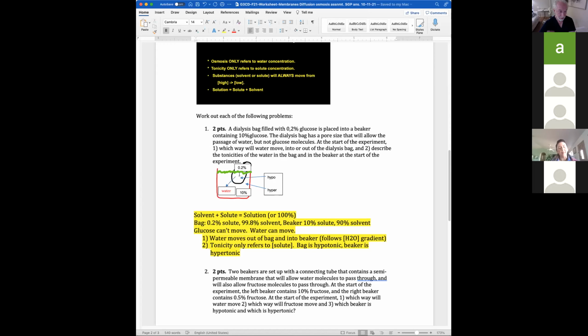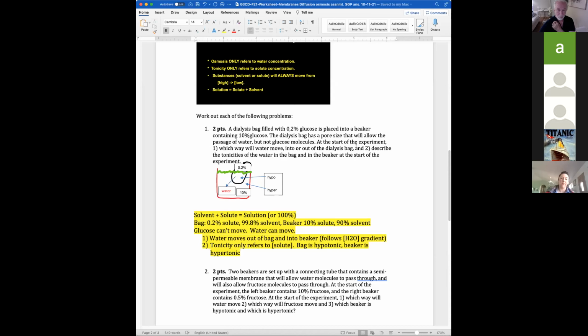Okay, water concentration in the bag is 99.8%. In the beaker, it's 90%. So you're comparing 99 to 90, and which way is water going to move? It's going to move down the concentration gradient, which means it'll move from 99 to 90. And so the question is, which way does water move? The answer is it will move out of the bag. So does that make sense? Okay. Yes, it does. Thank you, Professor.